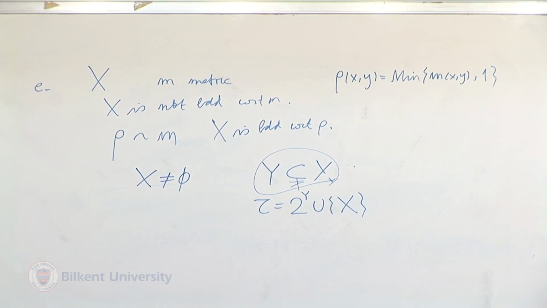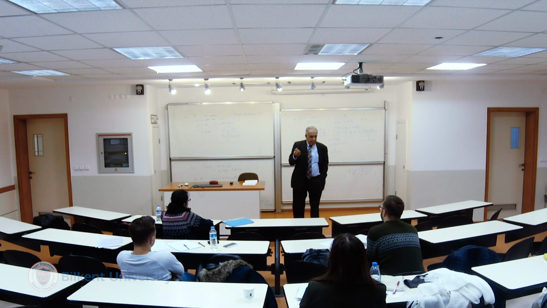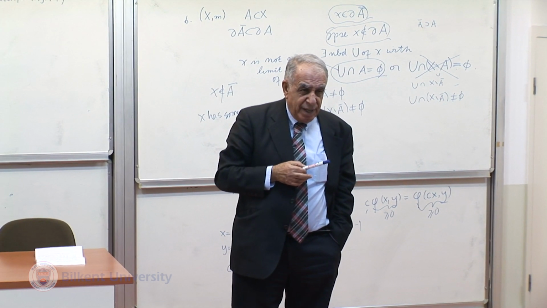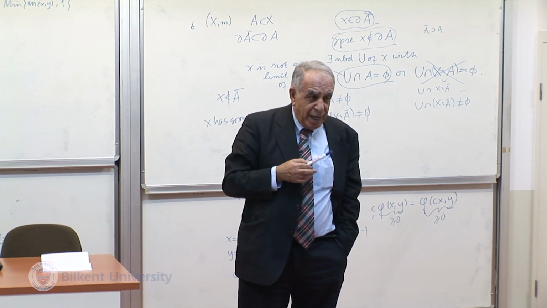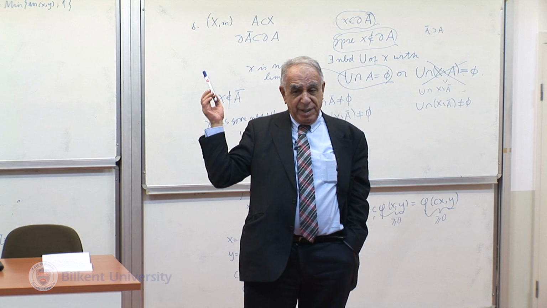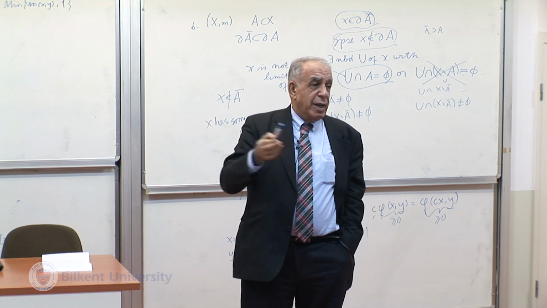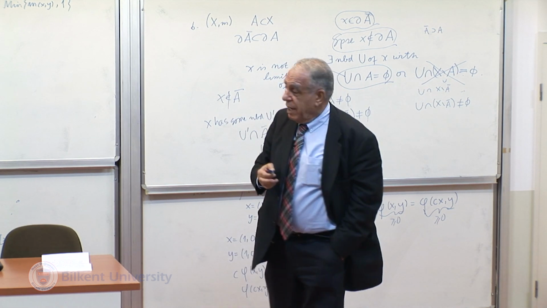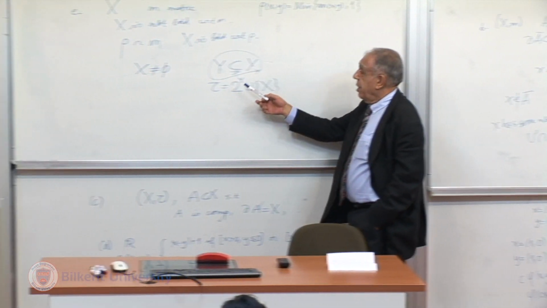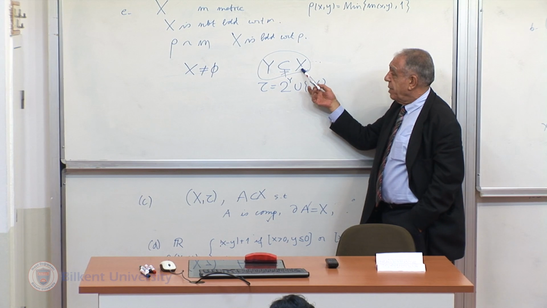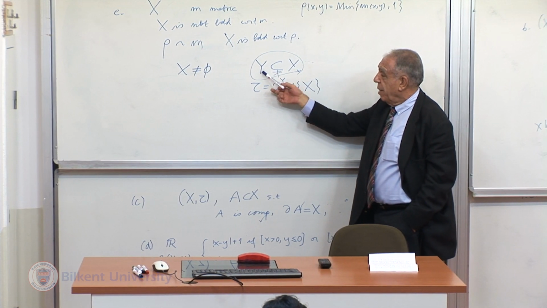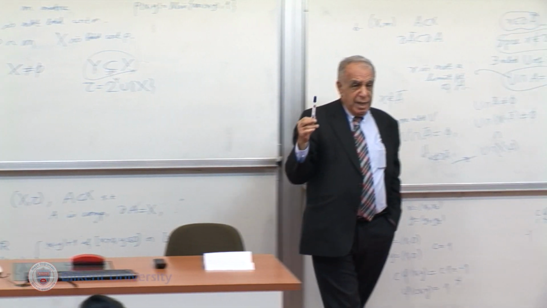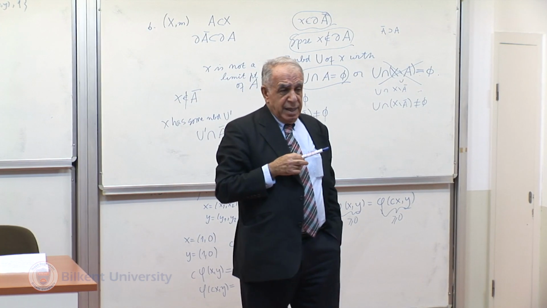That will be the indiscrete topology in that case, because phi is the only subset of phi, and you have cap X, and you have at least two members. Well, we know that that's not metrizable. We have seen that. Suppose Y is a proper subset of cap X, and Y is not empty.